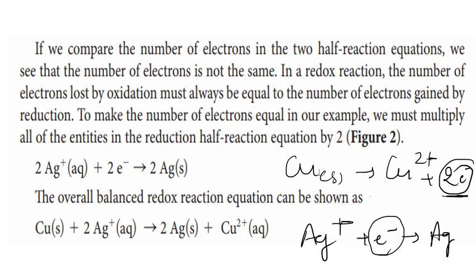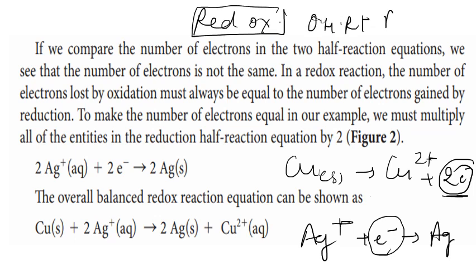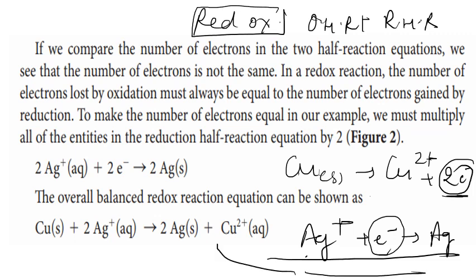So the number of electrons lost in a redox reaction. So I'm talking about redox reaction now. Okay, when you want to combine them, when you want to add oxidation half reaction and reduction half reaction, you are adding them, this plus this, to form a full redox reaction. Okay, which is this one. So what will happen over here?